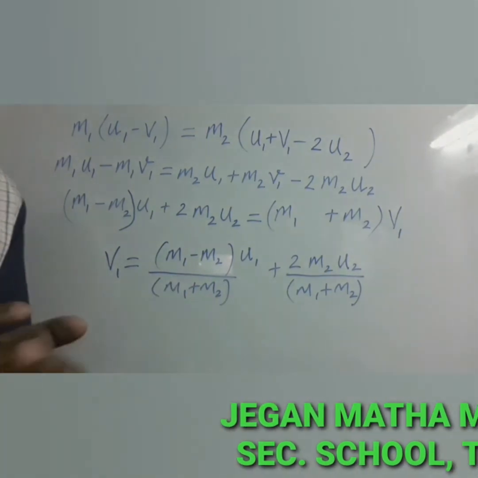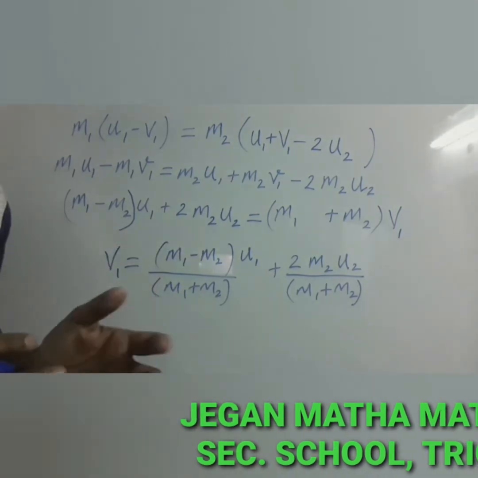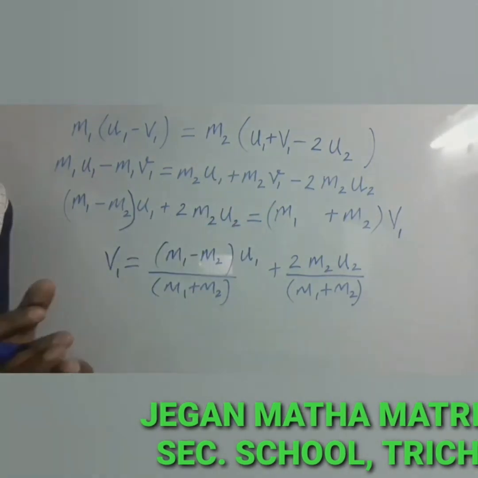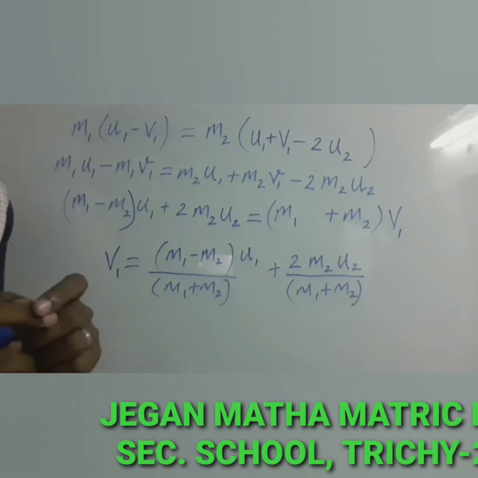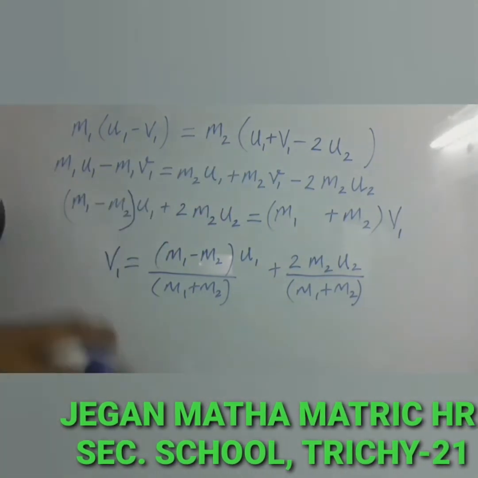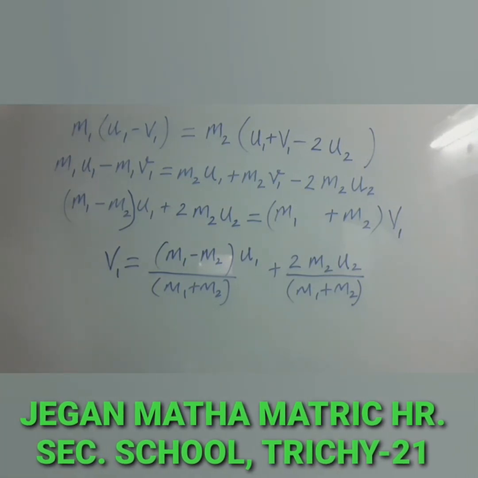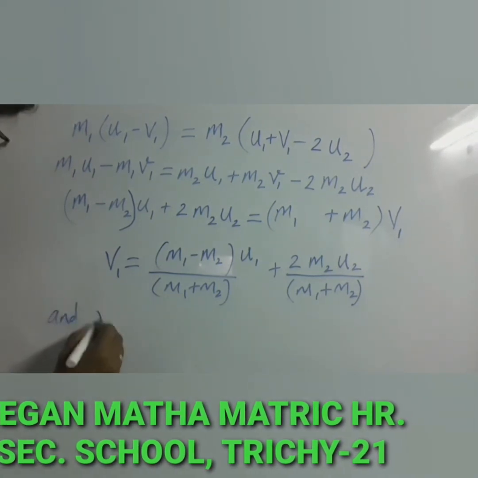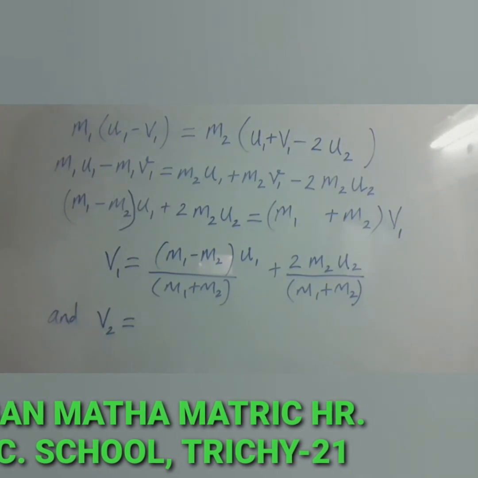Likewise we have to find the final velocity of the second object, that means V2. How can you find it? You can substitute equation 3 in the first equation. In equation 3 you have the expression for V1, so that has to be substituted in the first equation and you can find the value of V2. So directly we can write it. What is the value of V2? Simple, you have to change the subscript number.